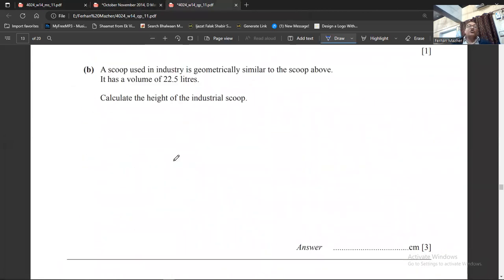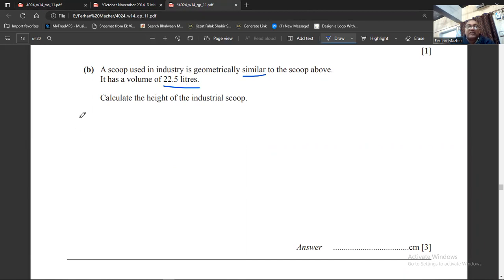Okay, B part. A scoop used in industry is geometrically similar to the scoop above. It has a volume of 22.5 liters. Calculate the height of the industrial scoop.